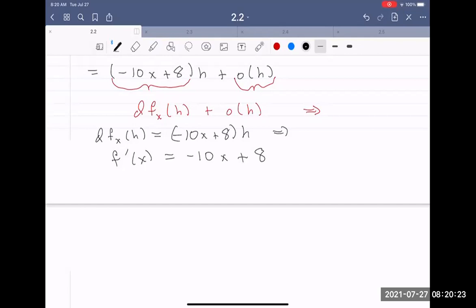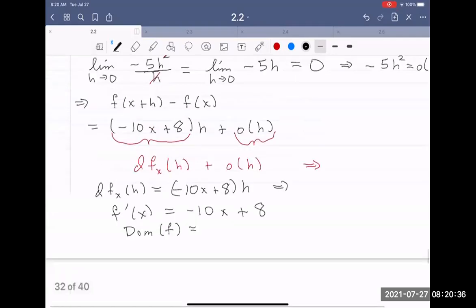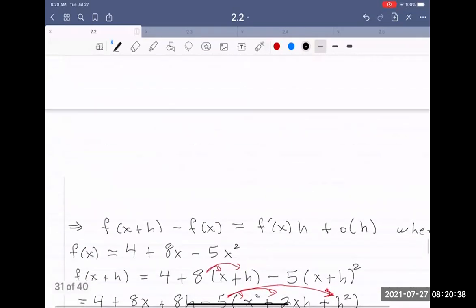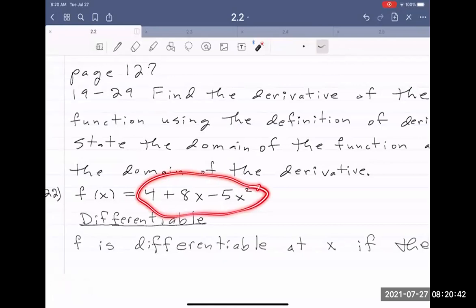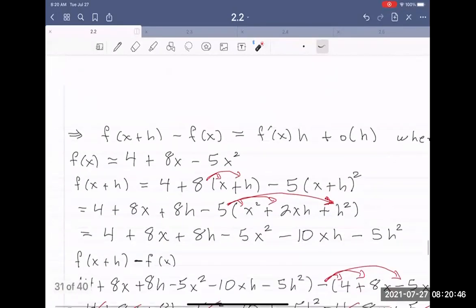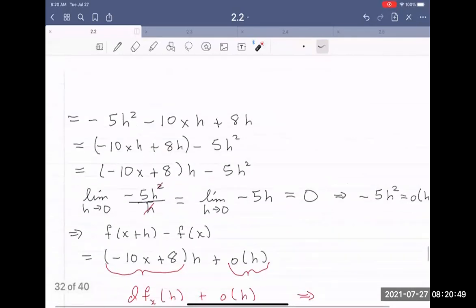Now, the only thing is I didn't tell you the domain. Well, what's the domain? The domain of f, well, that's pretty easy. Here's my function, it's a polynomial. The domain of a polynomial is all real numbers. And what's the domain of f prime?